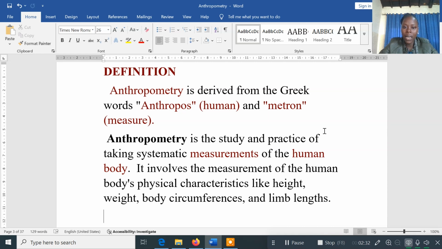We are basically going to be looking at human measurements, okay? So it involves the measurement of the human body's physical characteristics, for example, weight, height, body circumferences, and limb length, as we are going to see in our details. But we are going to basically be looking at human measurements.